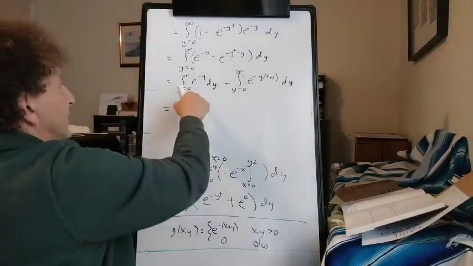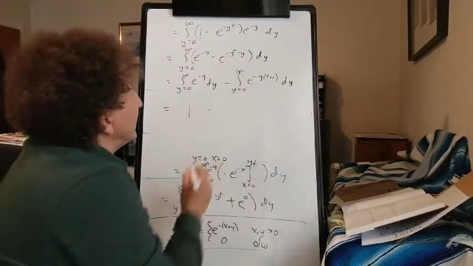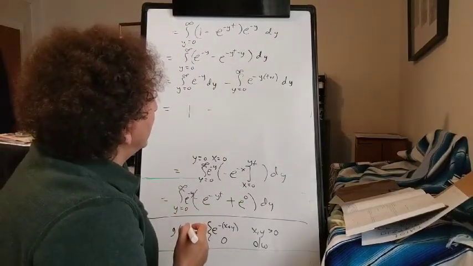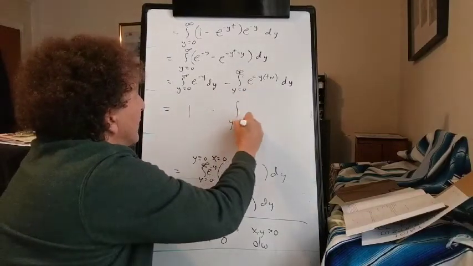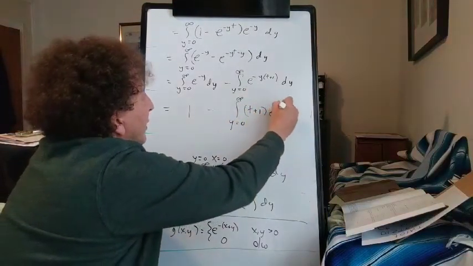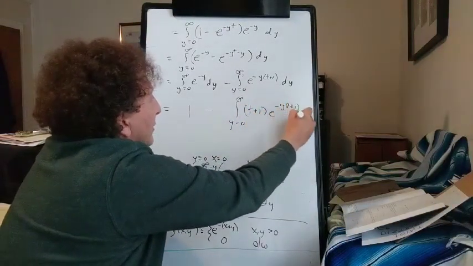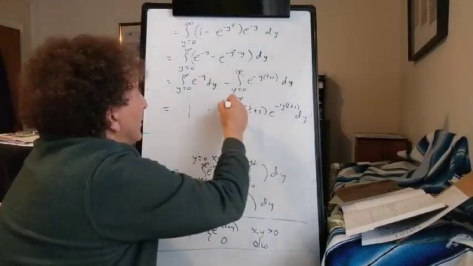So this is just 1, that's the exponential density function, minus... well, this is almost exponential. If we write t plus 1 e to the minus y t plus 1 dy, this would have area 1.